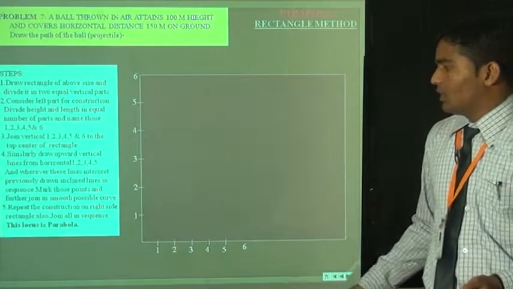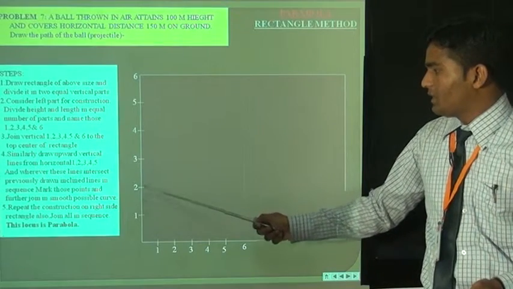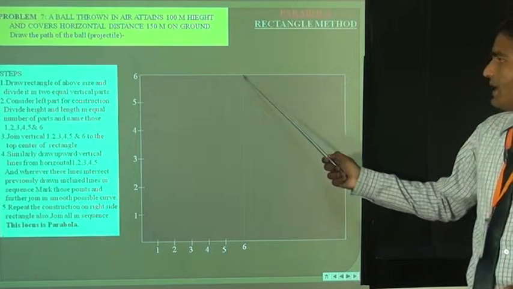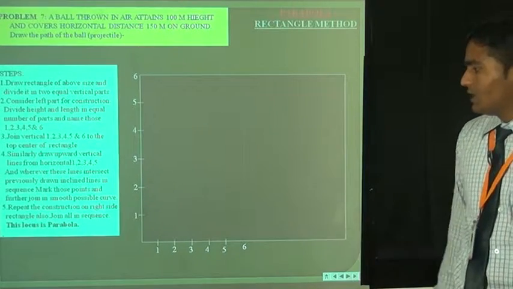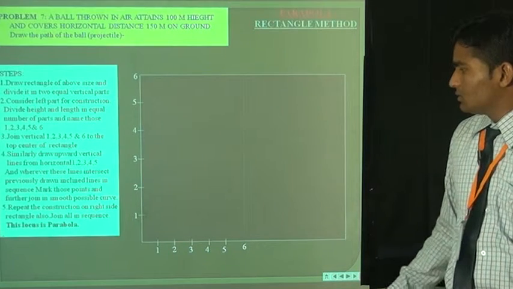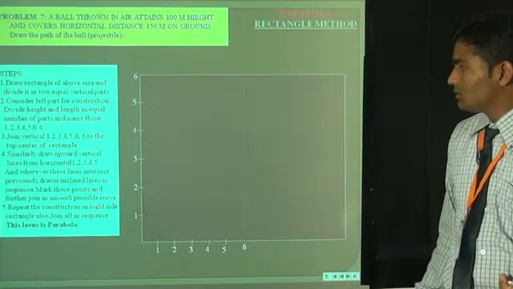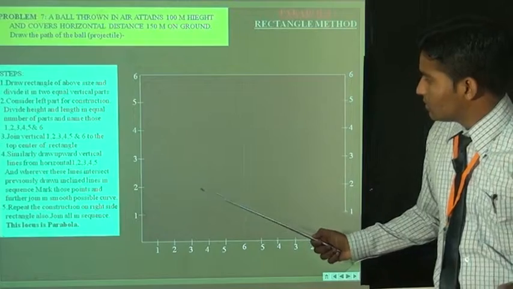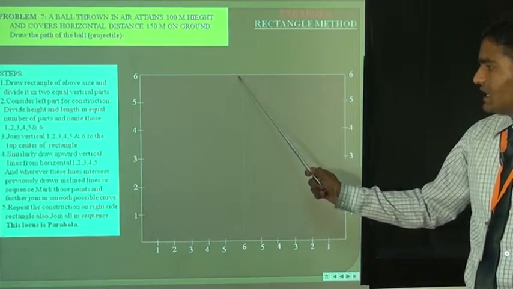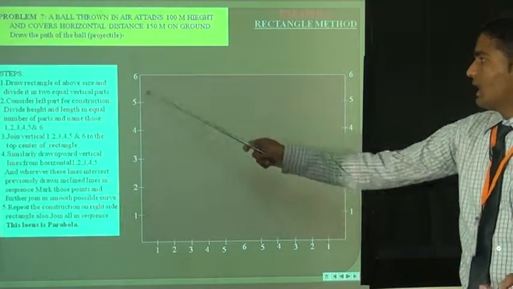Now connect these points 1, 2, 3, 4, 5, 6 to the upper end of the rectangle. So let's do it like that. Connect the 1 point to this line and 2 point to this line, 3, 4 and 5.